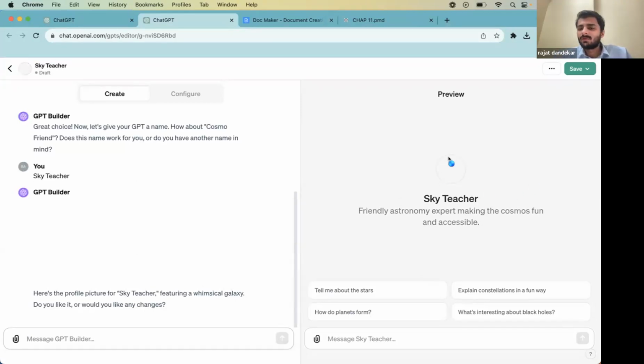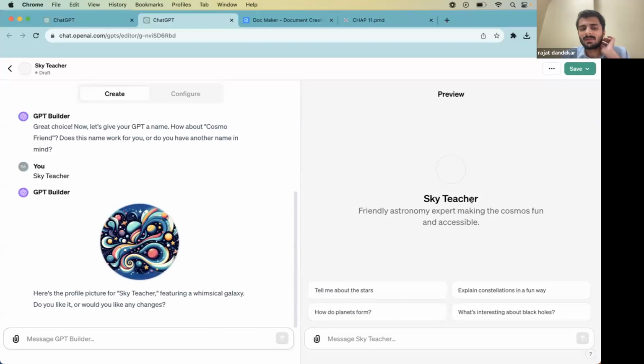If you see the preview on the right, this is how our GPT is going to look to the public. This link can be released by you to the public, and they can use it for their own purposes. So you can see we have created our own GPT. The name is Sky Teacher, friendly astronomy expert, making the cosmos fun and accessible. So I can say that this is good.